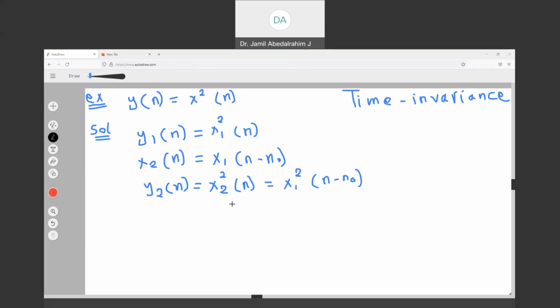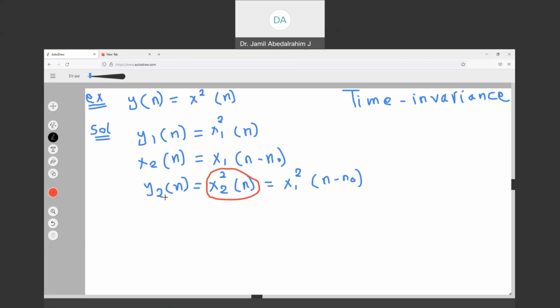That means the x2 to the power of 2 of n, which comes from this equation, is shifted by n naught, n minus n naught.